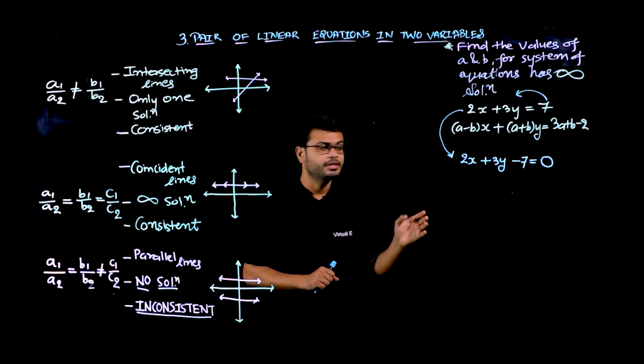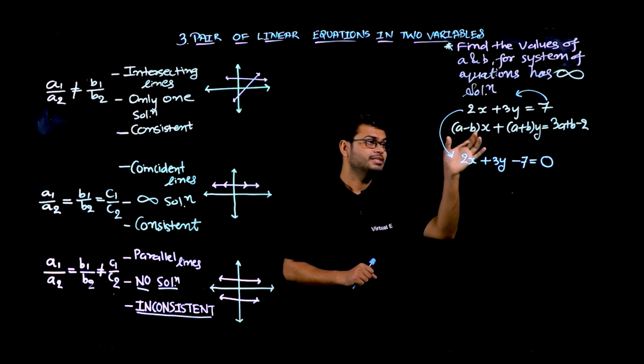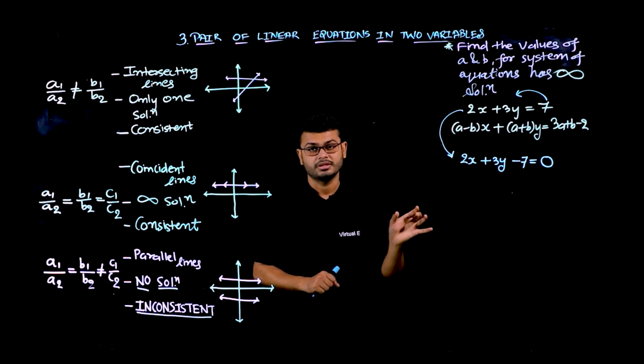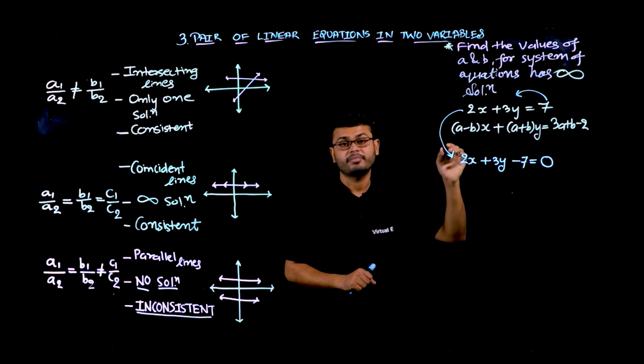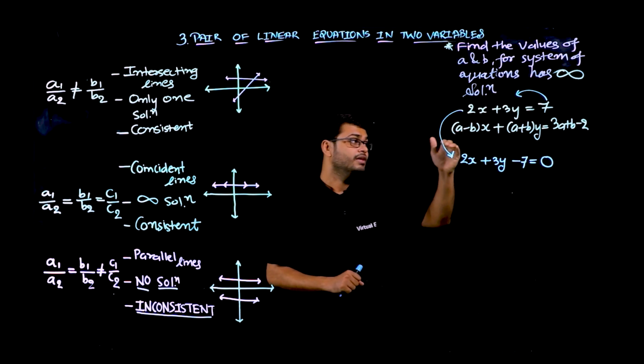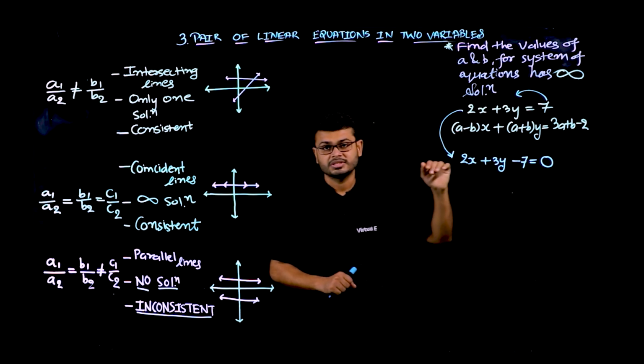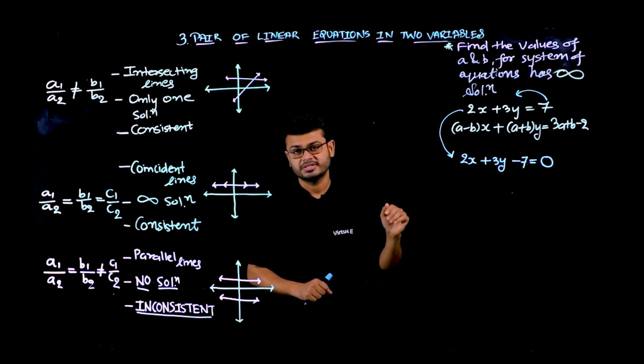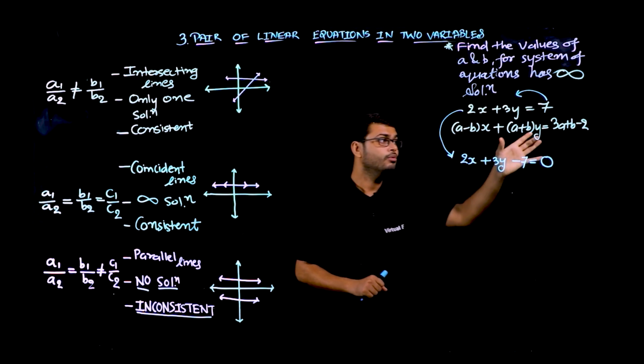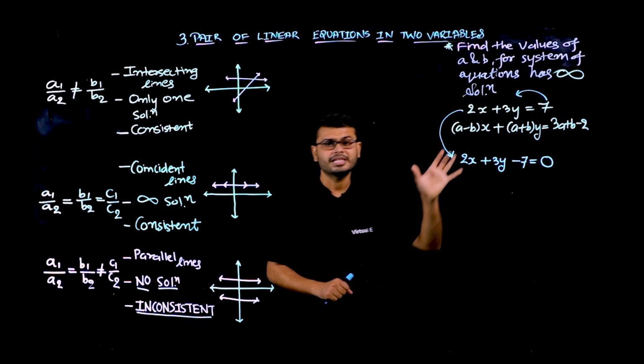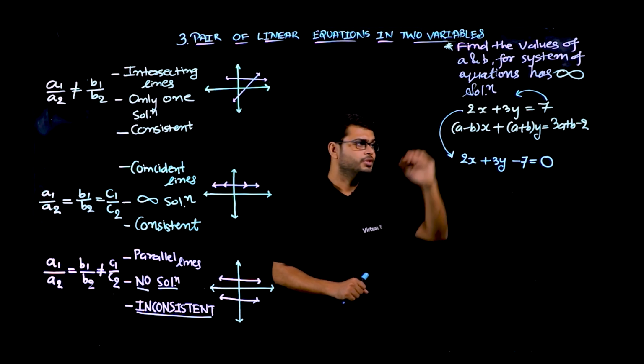Now observe over here that x, (a minus b) whole bracket, is a coefficient. Don't try to open the bracket, okay? It will give you so many unnecessary terms and increase the complexity of the sum. Don't open any of the brackets. Keep it as it is, as a coefficient of x.